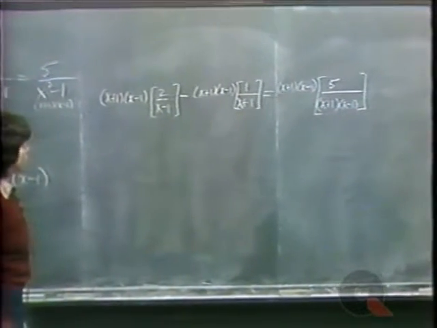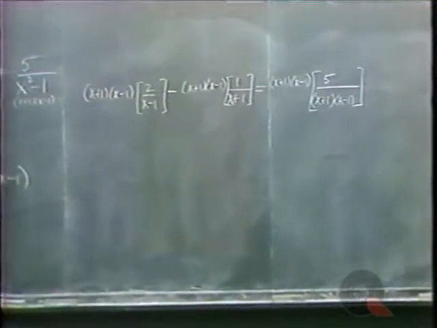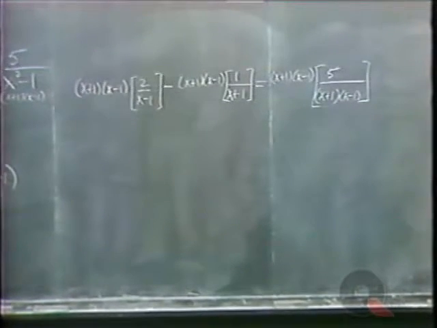We took our original equation and multiplied each and every term by x plus 1 times x minus 1.